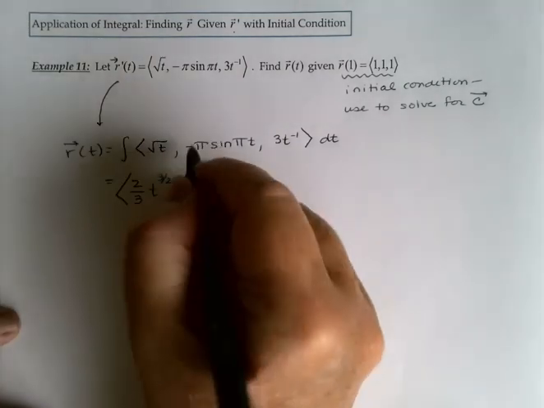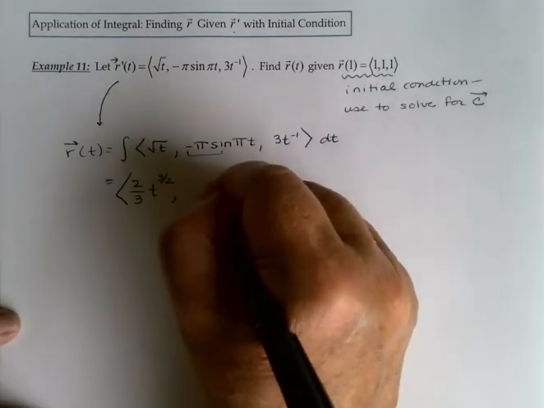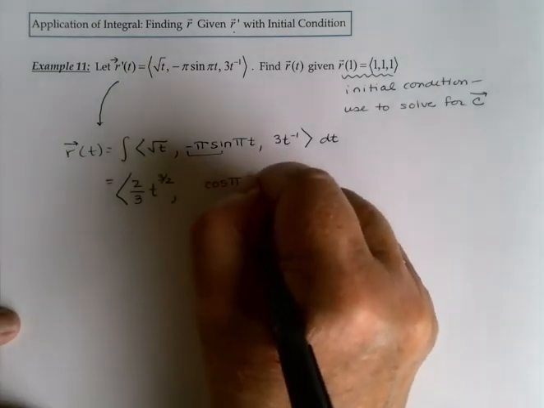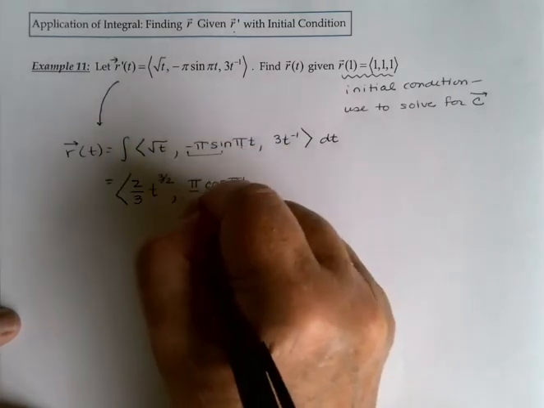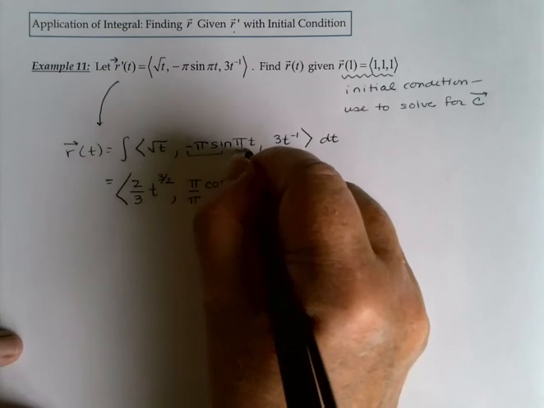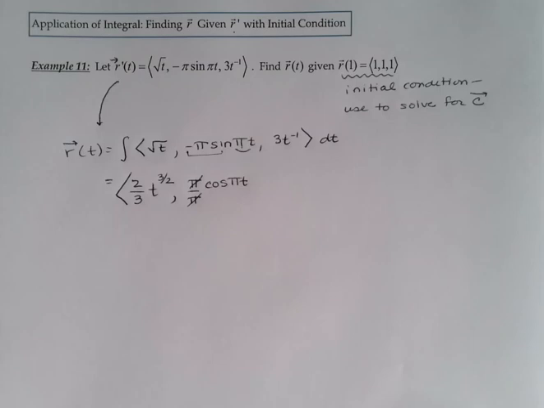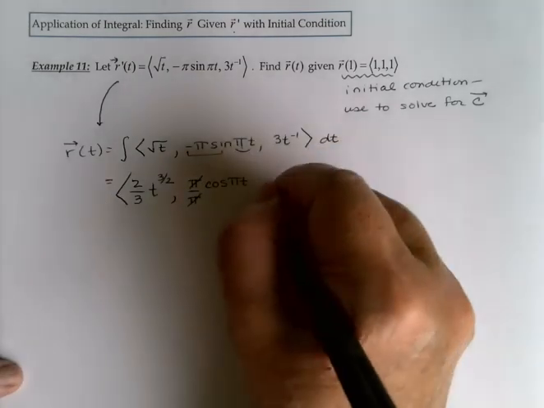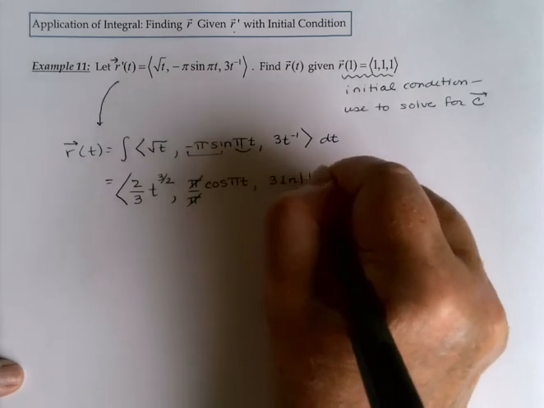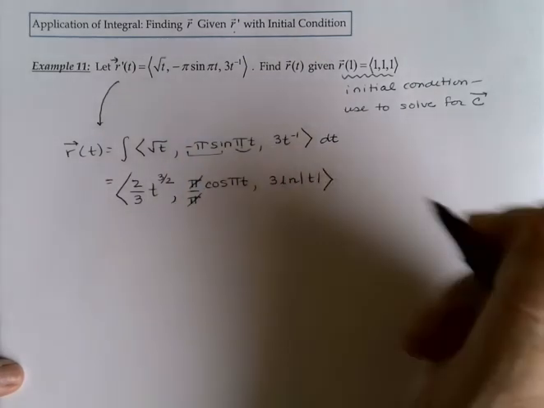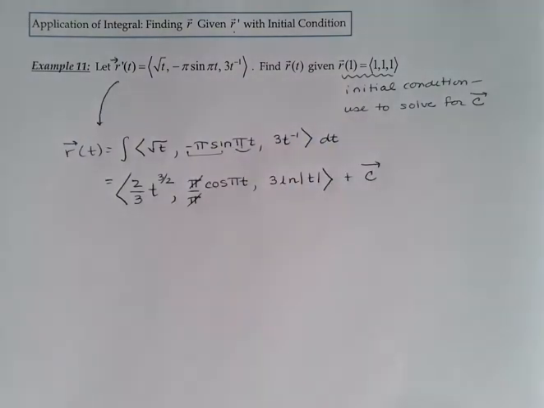The integral of negative sine is actually positive cosine. And we had a multiplier of pi, but I'm going to end up dividing by pi because of the little u substitution I get there, so those will actually cancel out. And then this is really 3 over t, so that's going to give me a 3 natural log t. Plus c.